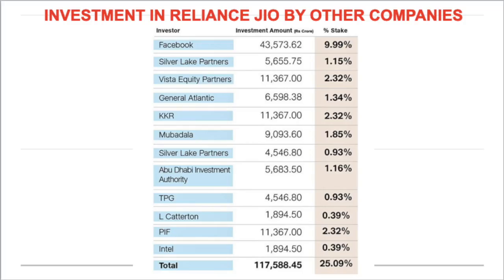Silver Lake Partners have invested 1.15% of Jio, and then Vista Equity Partners have invested 2.32% of Jio. That means many foreign companies have shown keen interest in Reliance, especially Jio telephones.